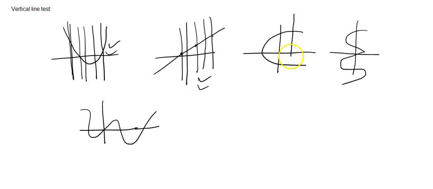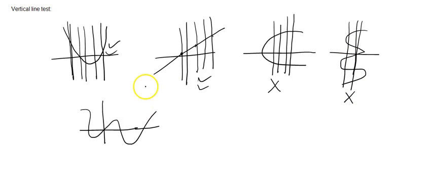If I drop a perpendicular on the x-axis, the line is intersecting the curve at 2 points, so this cannot be a function. The same way over here, if I drop a perpendicular, it's meeting at more than one place, 1, 2, 3, 4 and 5, so again this is not a function.